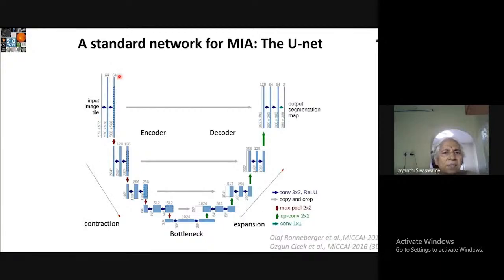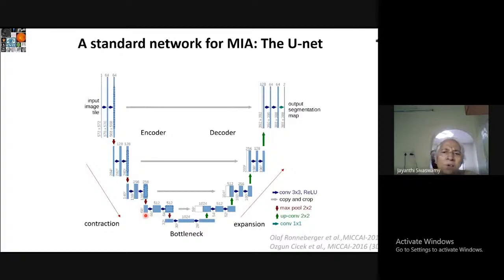So you can see the feature map is increasing, whereas the image size is decreasing. So this starts with 64, and by the time it gets there, it's 512. Whereas here it is a 572 by 572 image. And by the time it comes here, it is 68 square. So the image size is decreasing, but I'm extracting richer and richer features because I'm doing the job of an encoder.